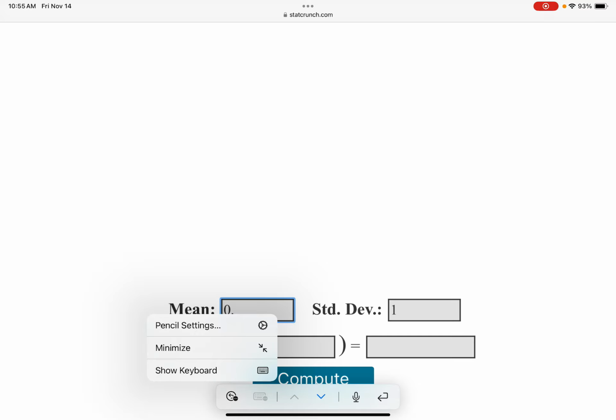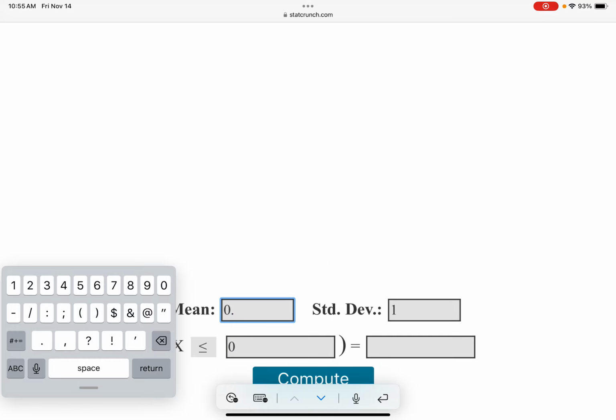So I've got to type in my mean and my standard deviation. Let's see, where's my keyboard? So I'm going to type in 0.75 as my mean. Oh, it looks like I've got a couple of decimals there. I don't want that. And then as my standard deviation, I'm going to have 0.046. That's actually my standard error, right? Because we're dealing with the p-hats.